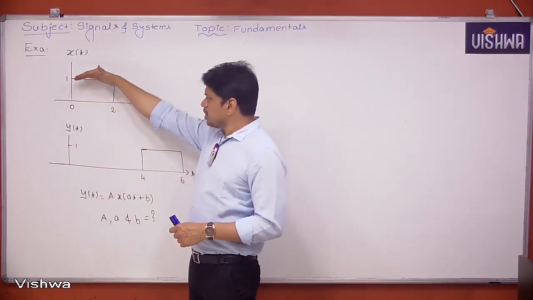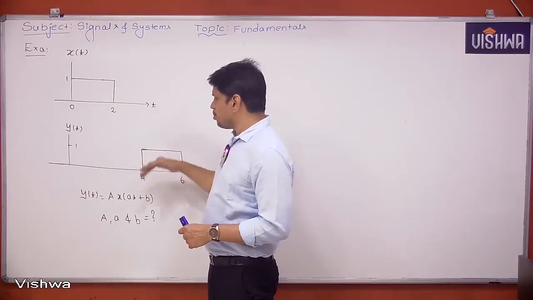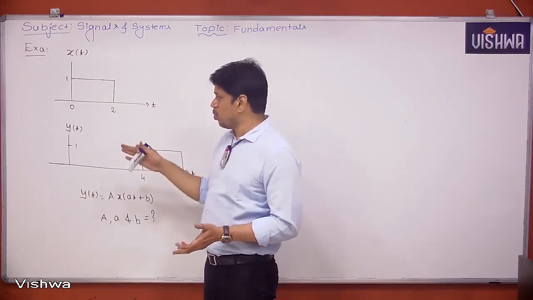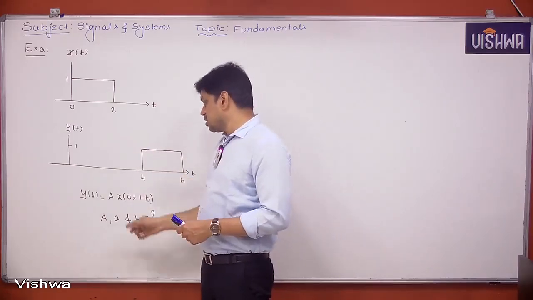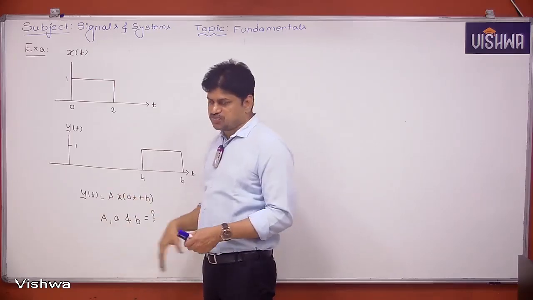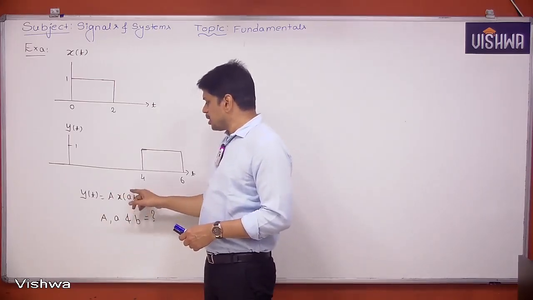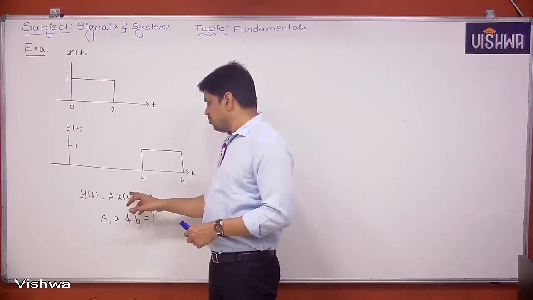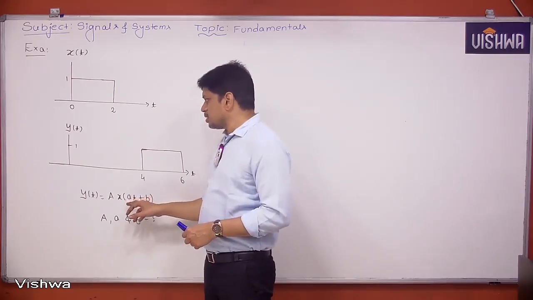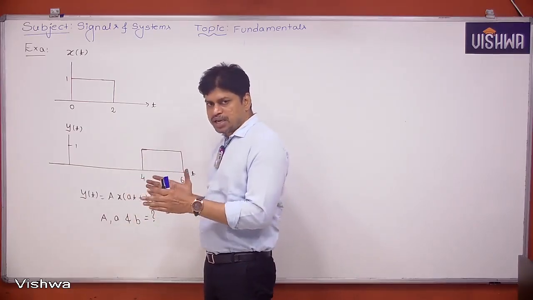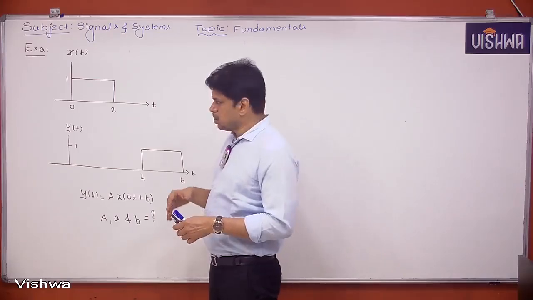If you observe carefully, the amplitude of this waveform is not changing, 1 and 1 only. That means capital A value is 1, that is fixed. Next, small a value may be 1, may be not equal to 1. If its value is not equal to 1, then there may be a compression or expansion in the signal. So let's check it out.